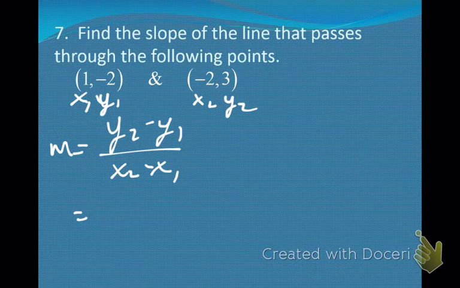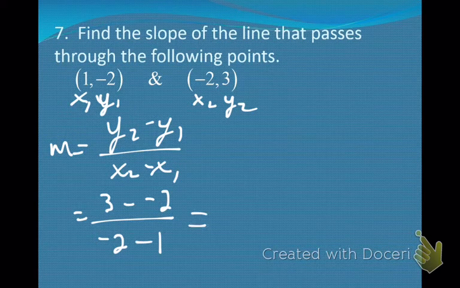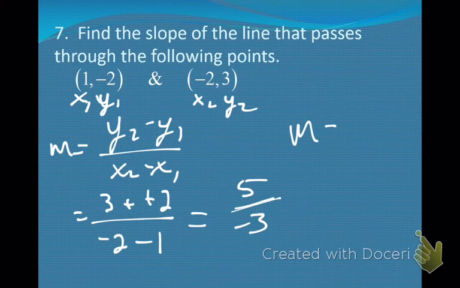So, y2 is 3, y1 is negative 2, x2 is negative 2, x1 is 1. This becomes plus. 3 plus 2 is 5. Negative 2 minus 1 is negative 3, and so your slope is negative 5/3.